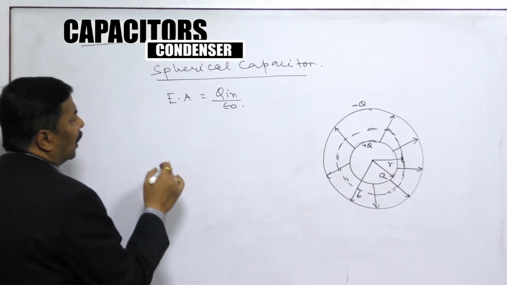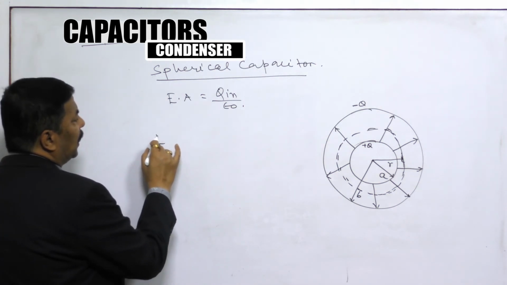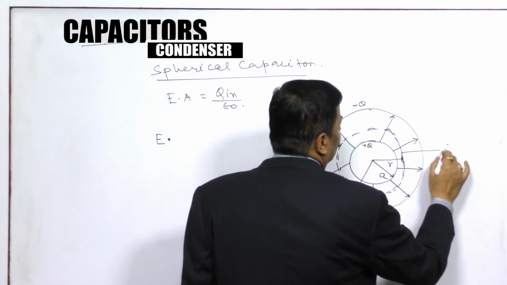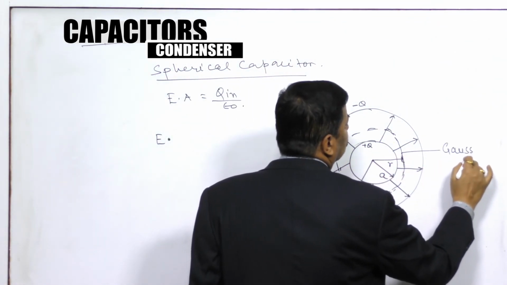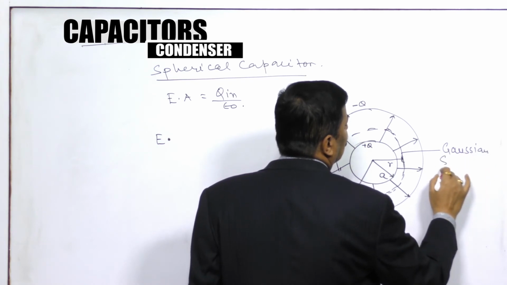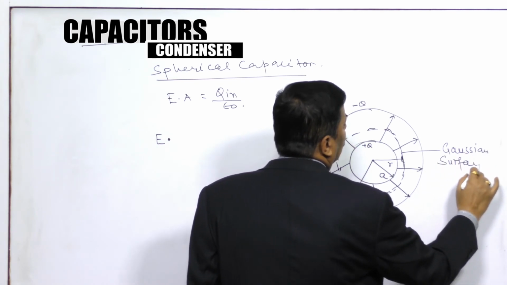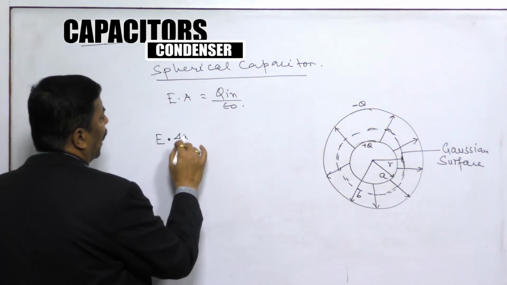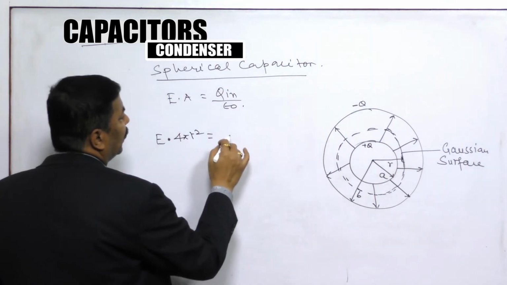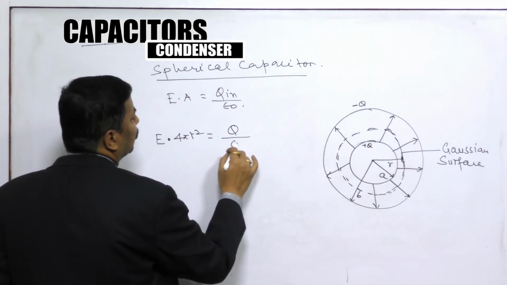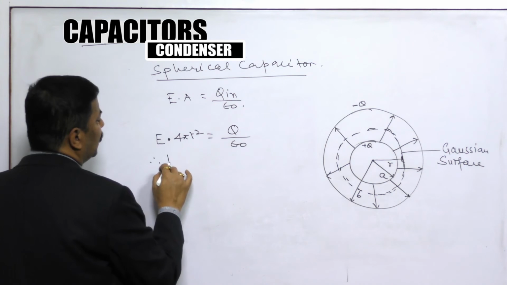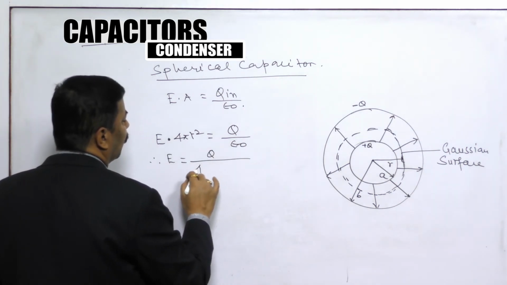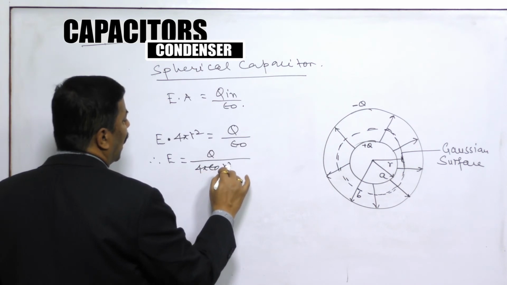So here the area is 4 pi r square, and Q in is Q. Therefore E is equal to Q by 4 pi epsilon naught r square.